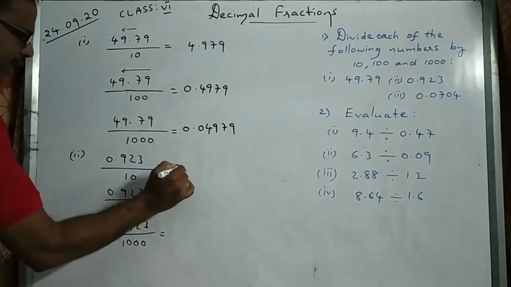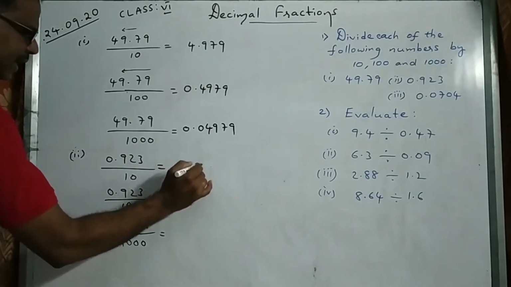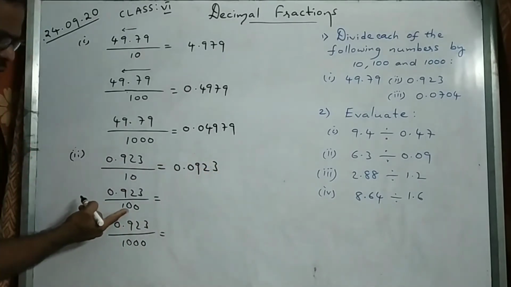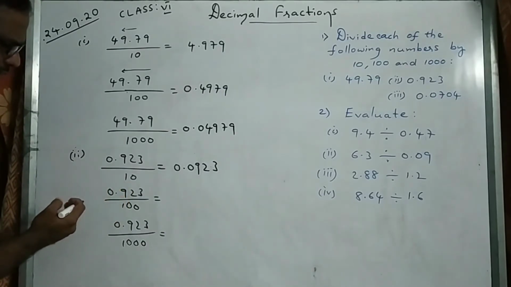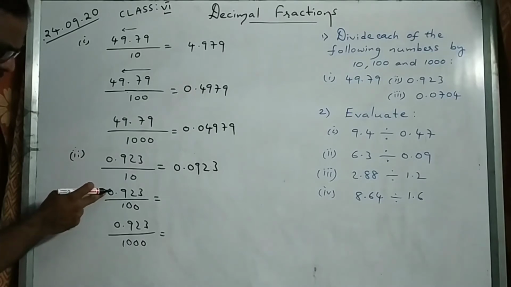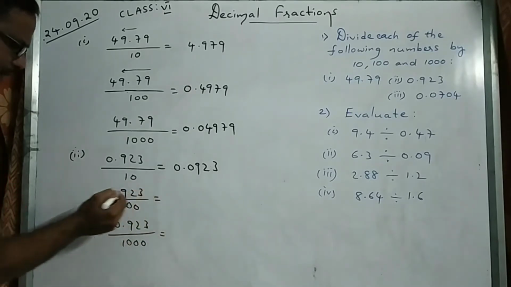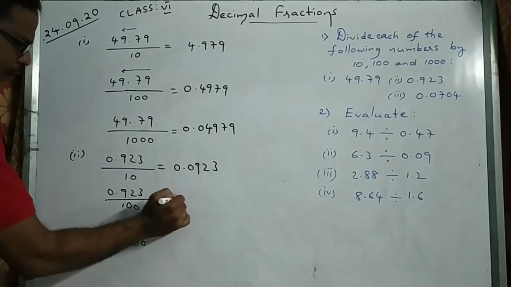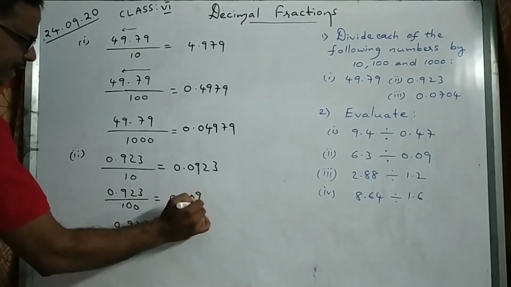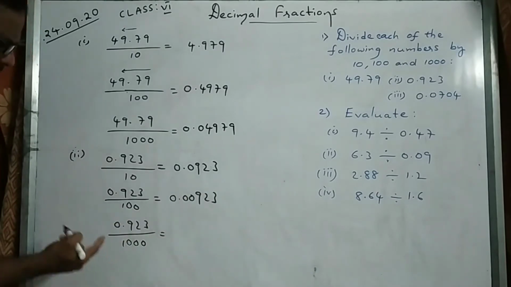So 0.0923. Here 2 zeros are there, so the decimal point will be moving towards the left side 2 digits. But here only 1 zero is there. So 2 digits means what will you get? 0.00923.